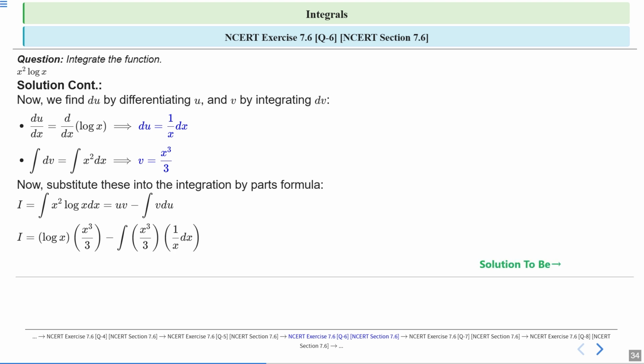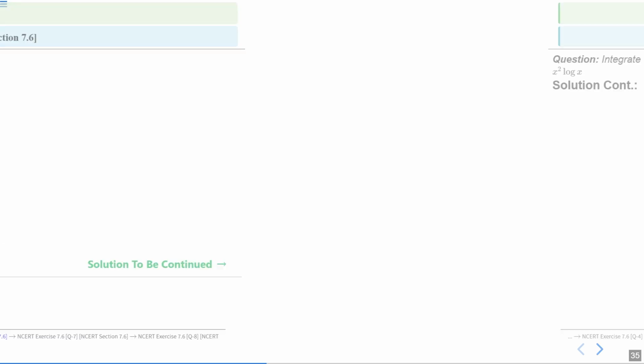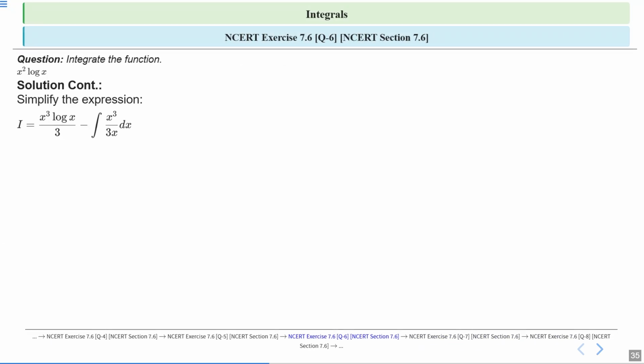Now we simplify it, we get x cube log x by 3 minus integration of x cube by 3x dx. x cancels out in the second term. So we get x cube log x by 3 minus integration of x square by 3 dx.